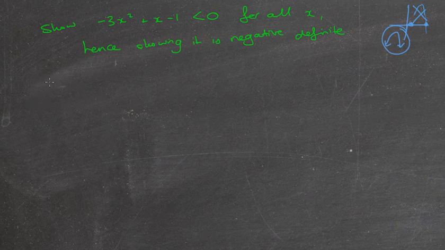So if I have a look here, I've got the function f of x is equal to negative 3x squared plus x minus 1. I already know that I'm proving that it's negative definite.